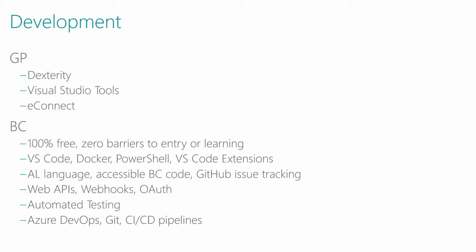And all of that works together and gets pushed into Azure DevOps using Git, and you can use the DevOps platform to create your continuous integration, continuous deployment pipelines. So it'll compile your code, it'll build your solution, it'll run your tests, and it can even deploy the end solution in test environments or customer environments.